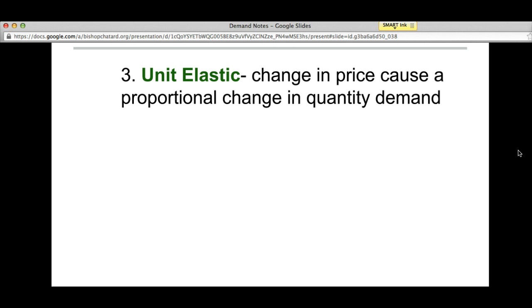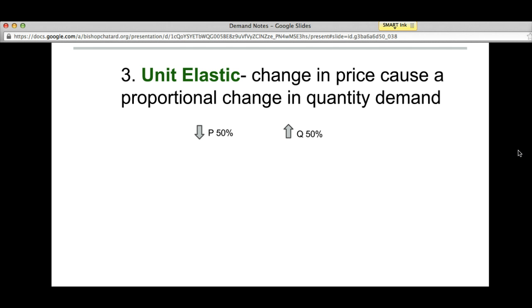The third category is unit elastic. This is where a change in price causes a proportional change in quantity demanded. So with unit elastic, we have the exact same thing happening. You will have that, say, 50% off sale. Price goes down 50%, and your quantity demanded will go up. Anybody want to guess the percentage the quantity demanded will go up? No, it always will go up. 3? No, that would be inelastic.